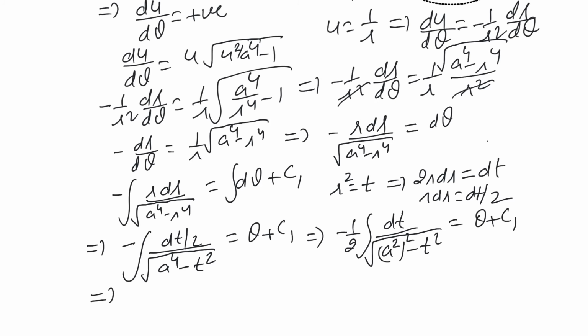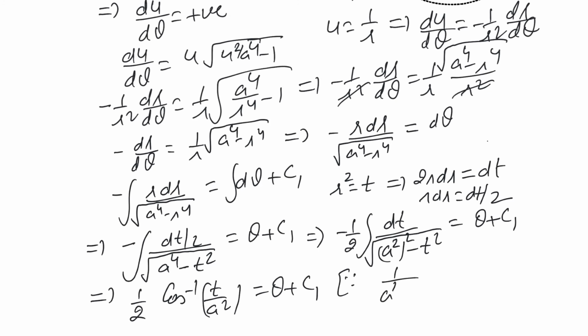This further implies that 1 by 2 cos inverse t by a square is equal to theta plus c1, because the integration of 1 by square root of a square minus x square dx, with the minus sign, is equal to cos inverse x by a.